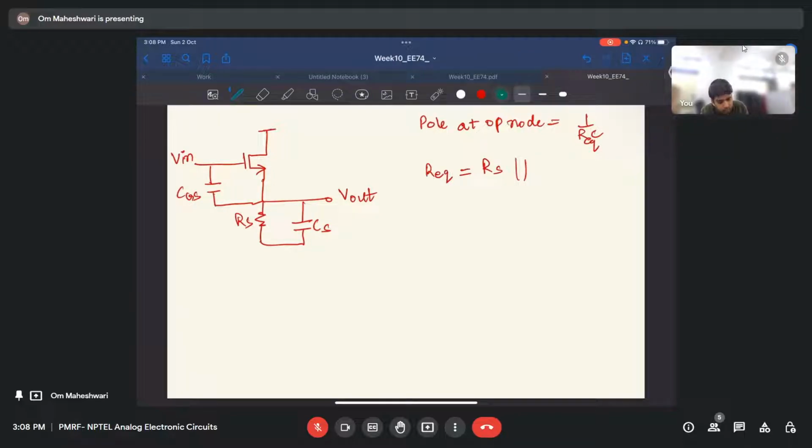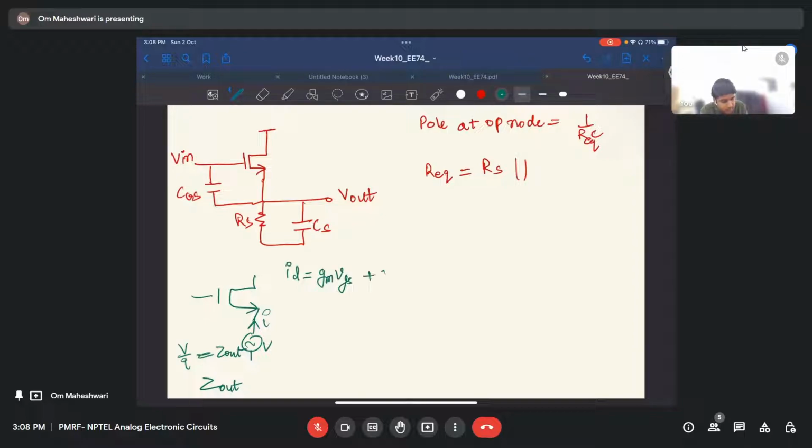Okay, so let us see what is the resistance at the source terminal. To find Z out, we apply a test input V, find the test current I, and V by I gives us Z out. I'm not solving it completely, you know how to do it. ID equals GM VGS plus GD VDS.